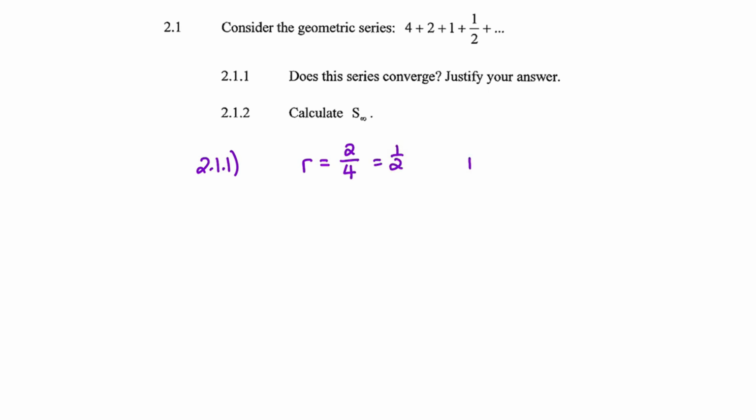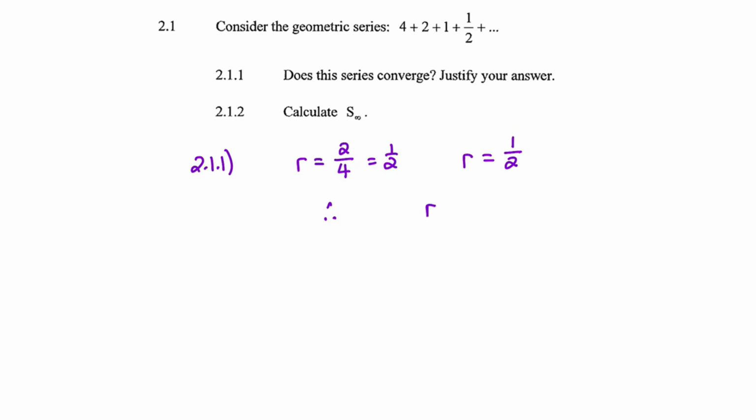And let us just test our answer. So I take the third term, which is 1, and I divide that by 2, and I can see that the ratio is constant, and therefore the ratio is in between 1 and -1, so we can say that the series converges.